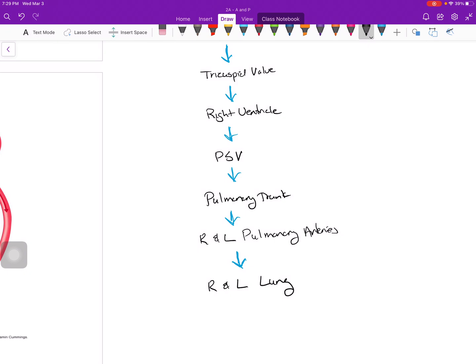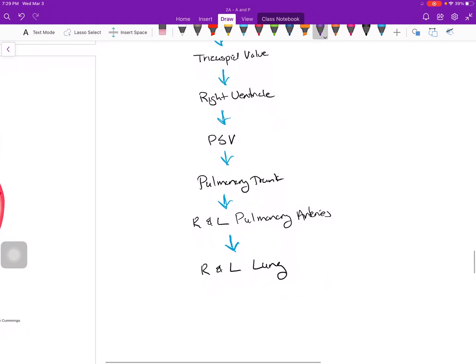All right, guys, here in the right and left lung, you have what is known as gas exchange. And that's where oxygen is dropped off and carbon dioxide is picked up. So I'm going to draw an arrow here, and purple is going to indicate gas exchange because I'm dropping off oxygen poor blood, that's indicated by blue, and I'm picking up oxygen rich blood, which is denoted by red, and that's in the capillary beds.